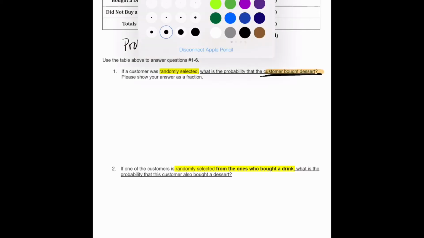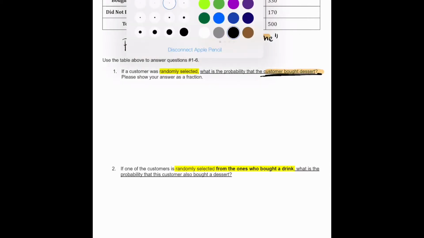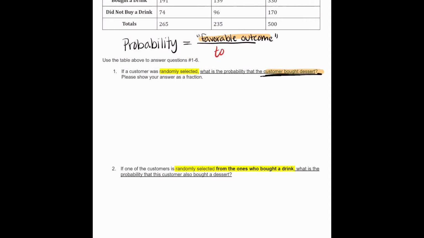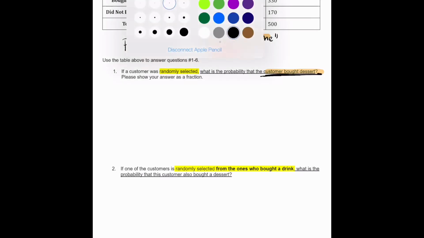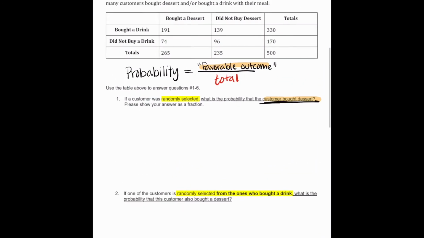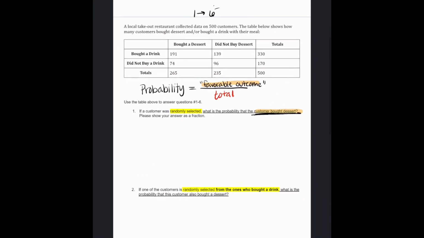And we always put that number over the total. Again, this is kind of a rough fraction, and this is how I remember it. So we're going to go over to our table and find how many customers bought a dessert.